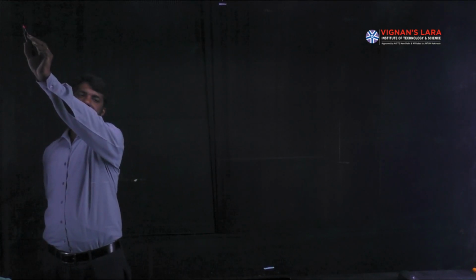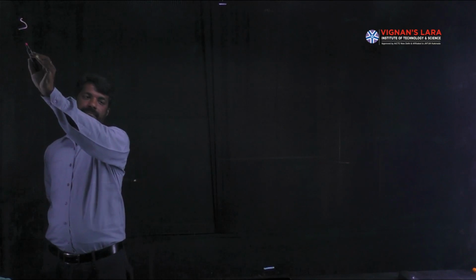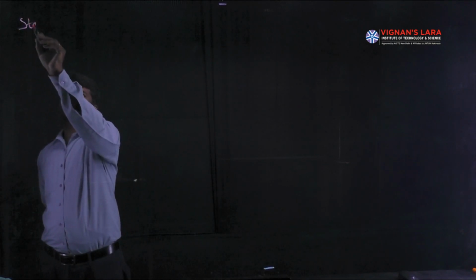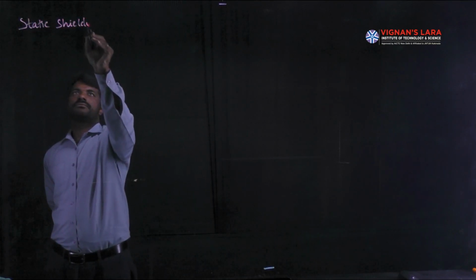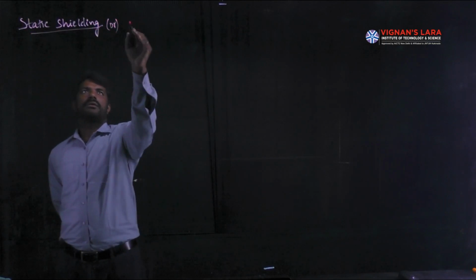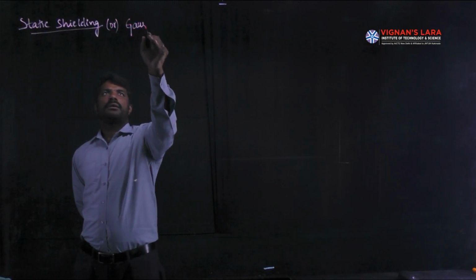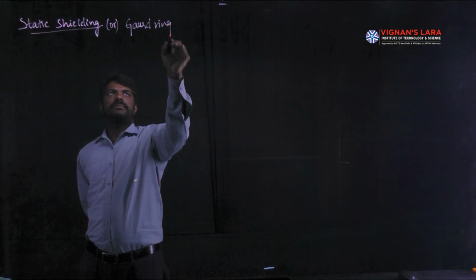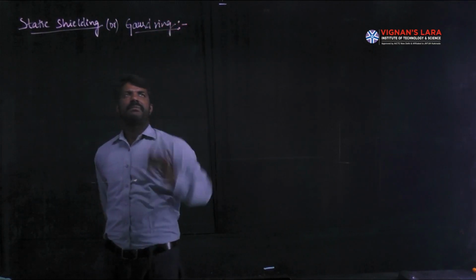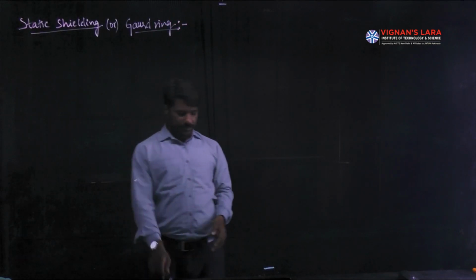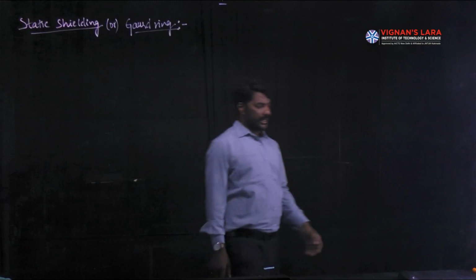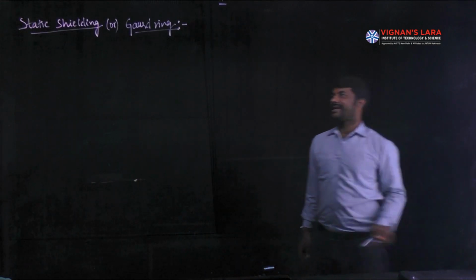Coming to the third method called the static shielding method, or guarding method. The name itself says that the string efficiency can be improved by using a guard ring or static shield.